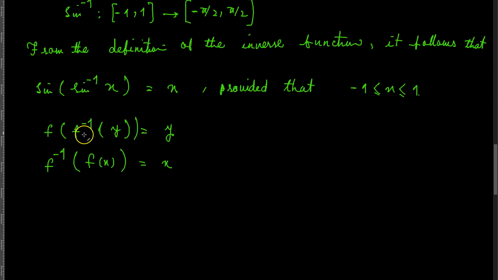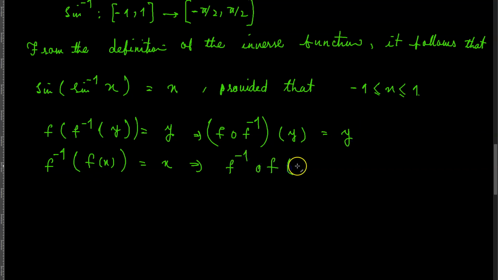And you can write the same things as f composed with f inverse of y is equal to y, and you can say that, of course, f inverse composed with f of x is equal to x. And so here you have the sine function, you're calculating the sine of the sine inverse function, which is the same thing over here.